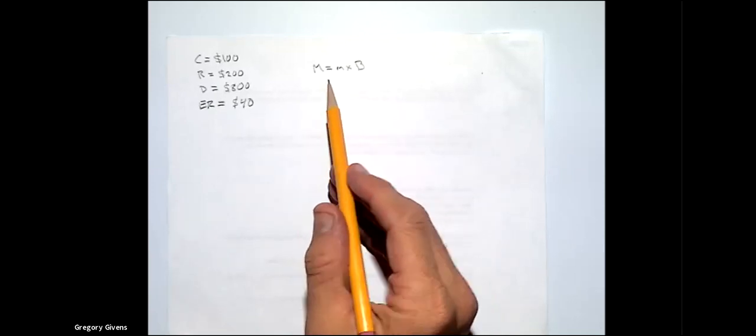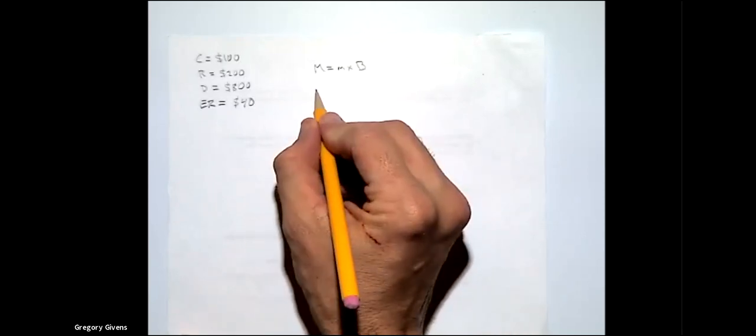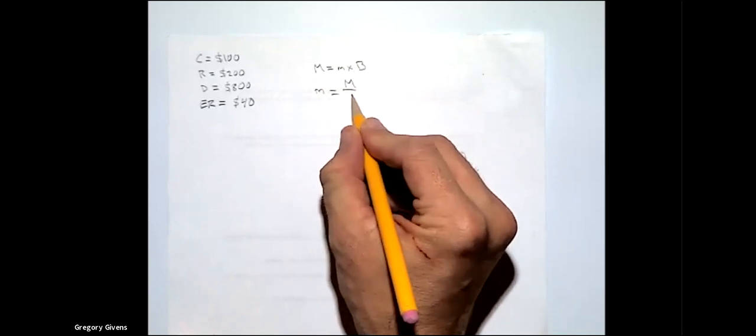Well, what's the first thing we need to find out? It's what the money multiplier is in this example. Now remember, the money supply is equal to the money multiplier times the monetary base. So the money multiplier is just the money supply divided by the monetary base. Or you can use the brute force formula that we derived in class.